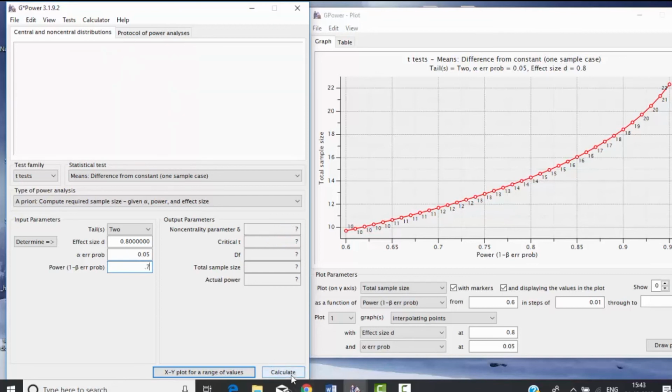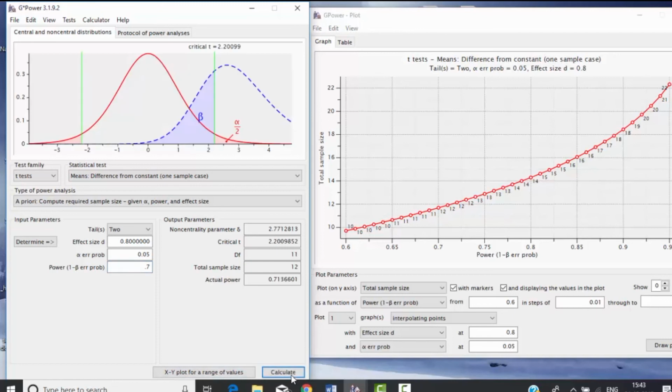Now, I will calculate. We will see that if it is 0.7, the total sample size that I may require is only 12, and approximately I may get 0.71 actual power. And you can see the sudden increase in the beta value over here.